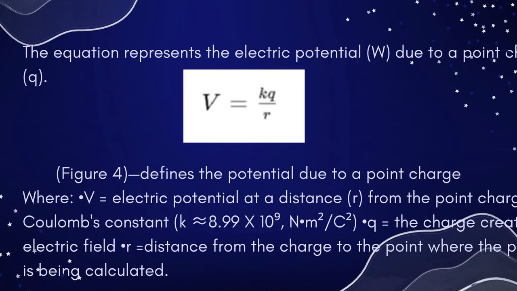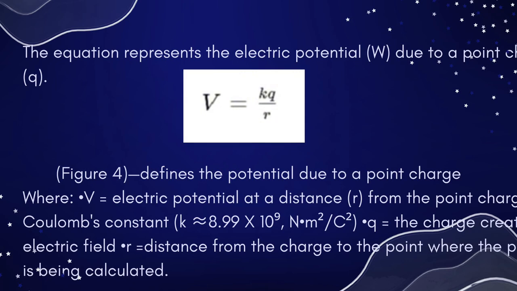At this juncture, we have here the equation that represents the electric potential V due to a point charge Q, where V is equal to KQ over R. So this equation defines the potential due to a point charge.